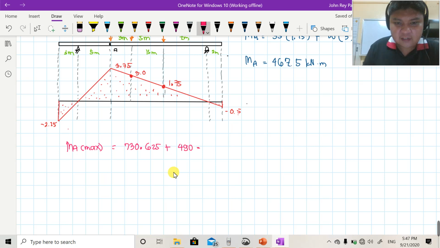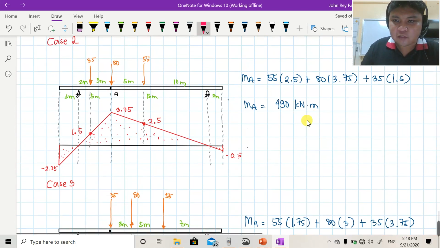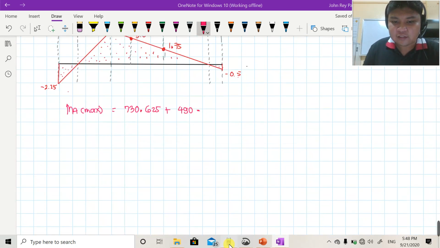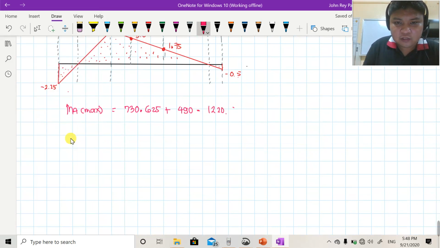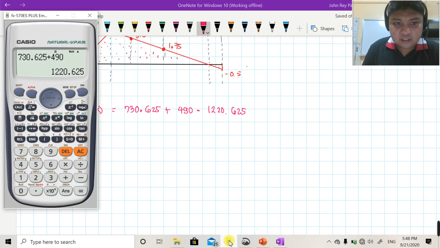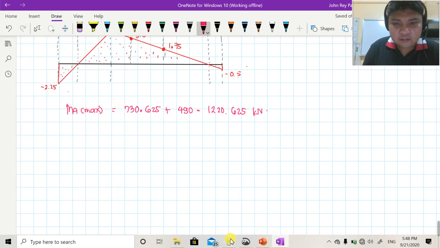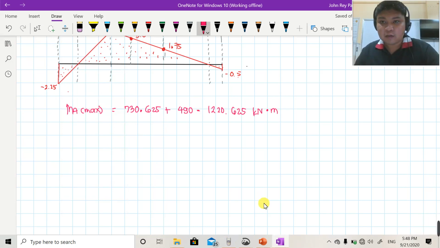Kasi nga, among the three cases, syempre si 490 ang i-consider natin. Ang sagot natin ay 1,220.625 kilonewton meter. So, this will be class the maximum moment at A na kayang magawa ng ating mga loads.